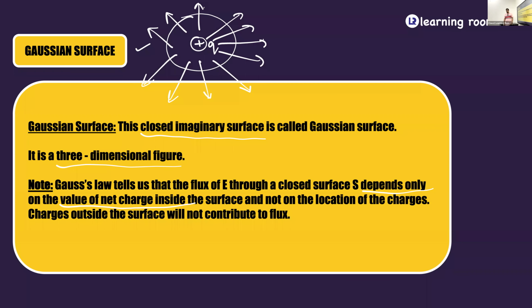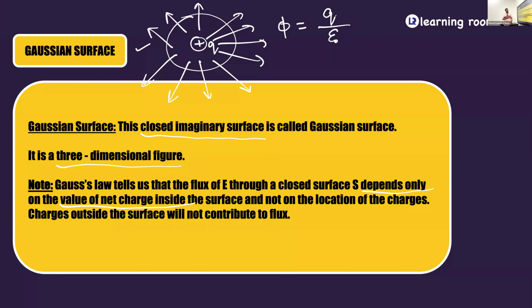If you ask what is going to be the flux through this, what will you write? Flux through this is 1 by epsilon naught times the total charge present within the surface, which is Q. Done. This is what Gauss law says.